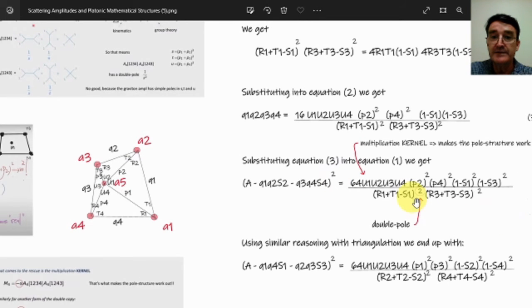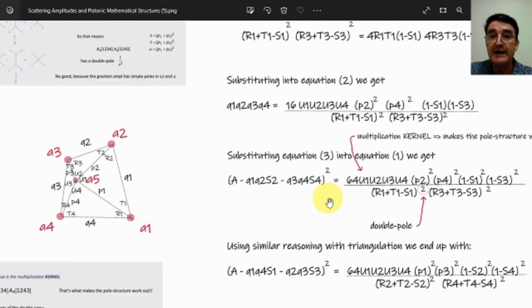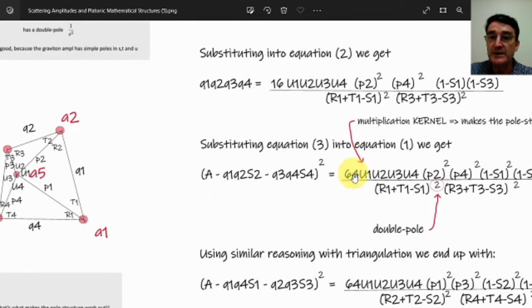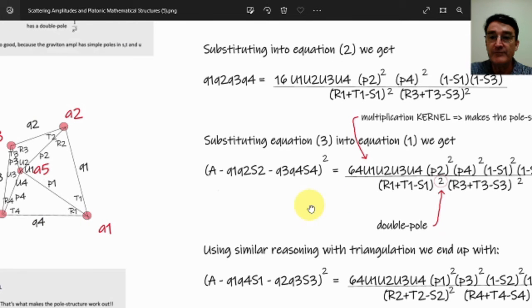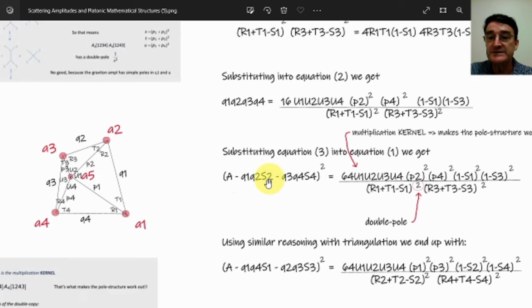It's a quadratic equation, and what we're seeing here, we have this projectively invariant quantity called A, the quadrea of a projective quadrangle, and on the right-hand side we came up with this formula. This is an alternate form of the equation for the quadrea of a projective quadrangle, and you see that it's a quadratic equation.